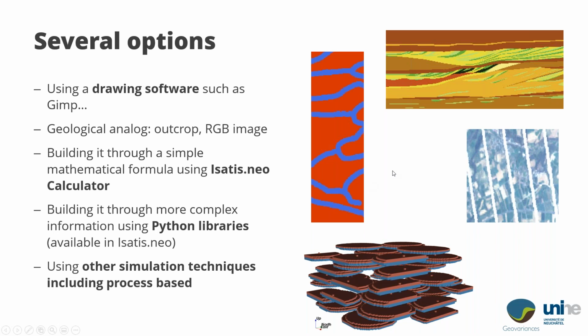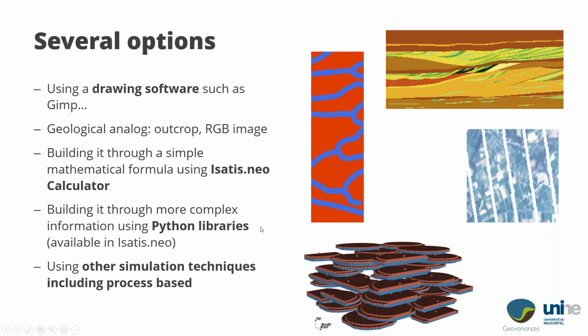We can also work with geological analogs, so like here with an outcrop or an RGB image like this one. Or we can also build one with a simple mathematical formula in the Isatis.neo calculator, and we can obtain something like that.